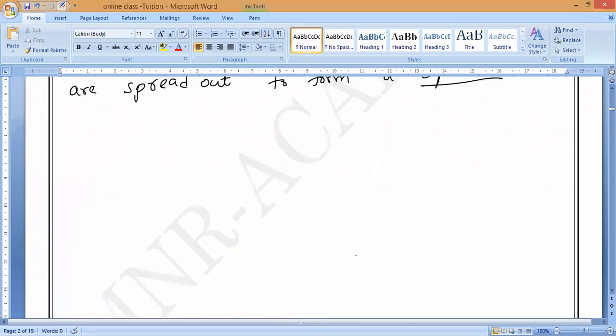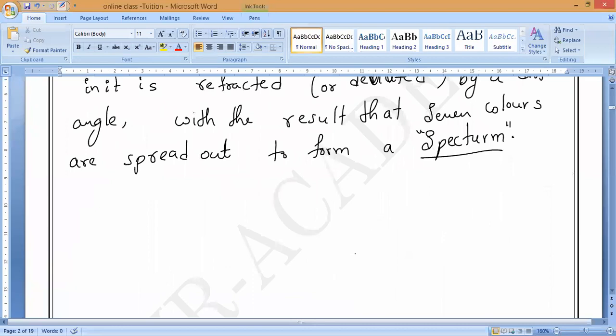That is the spectrum. So now you can write it here, all of you. Red color is coming where? Red color, less deviation. Very, very important point. All of you note it down.